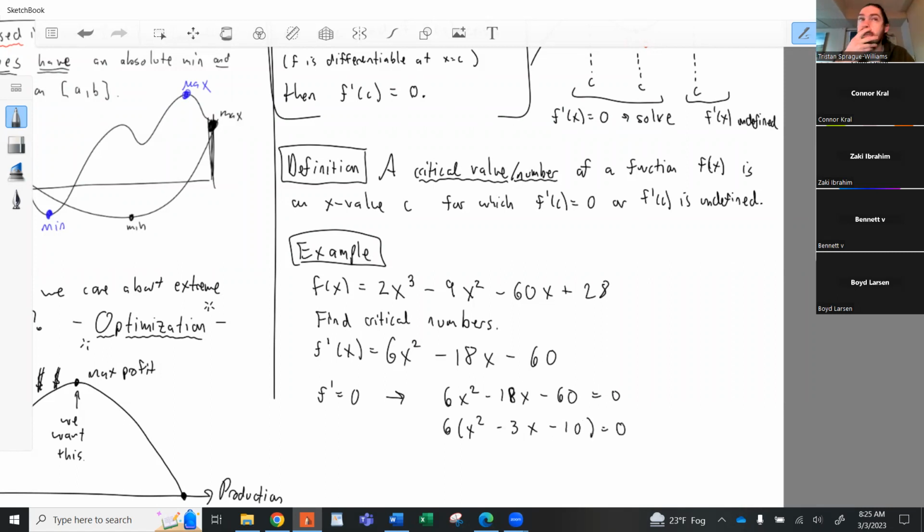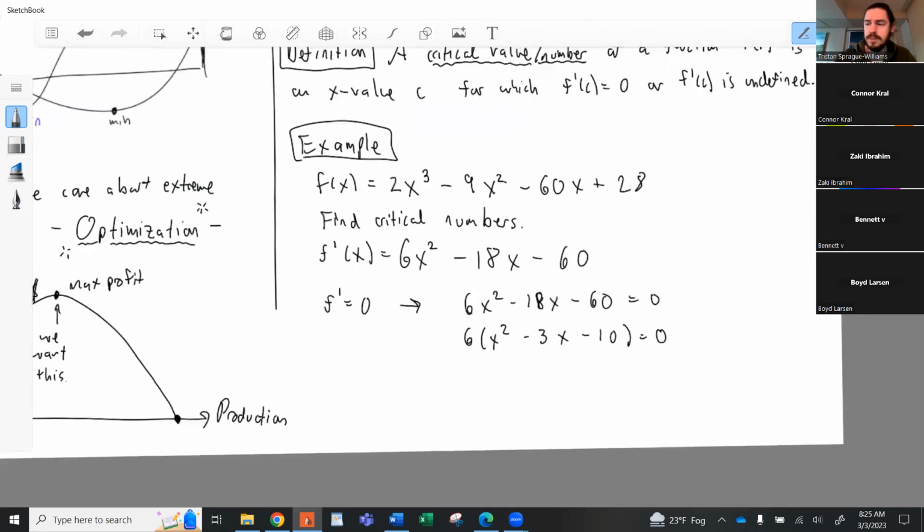Okay. How do I solve an equation like that? When does that equal 0? The reason we're setting it equal to 0 is because of Fermat's theorem, right?